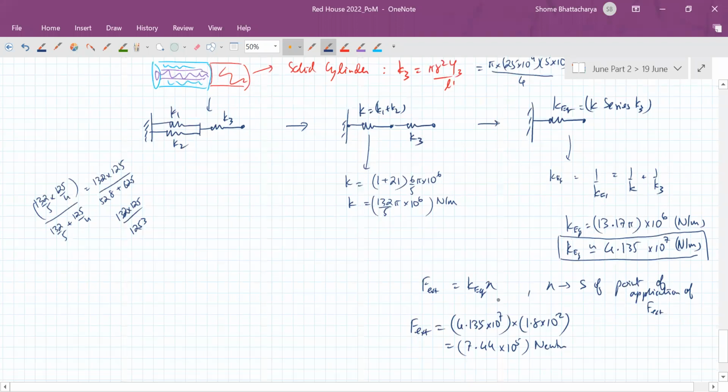Now, once we get this external force, we can also see that this external force will be equal to the tension in this spring, equal to the tension in this combination.